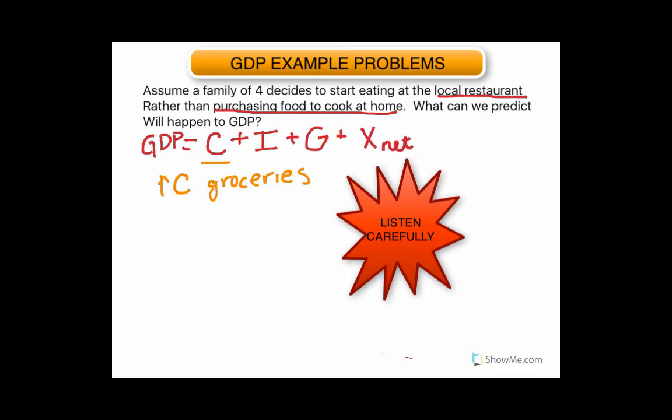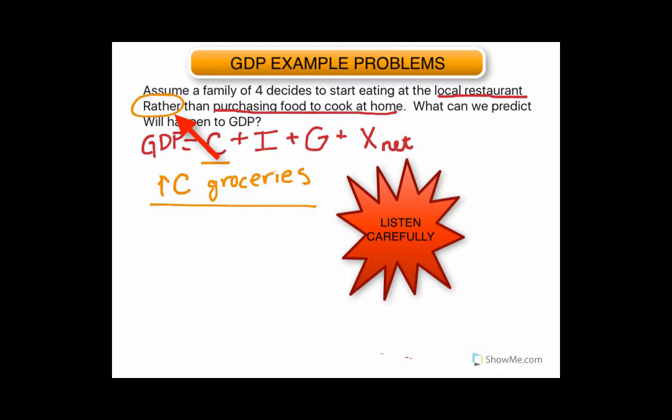All right. But what's happening in this scenario? It says that they decide to start eating at a local restaurant rather than purchasing food at home. So if they are no longer increasing their consumption of groceries, if they're no longer purchasing food to cook at home, then the opposite of this is happening.